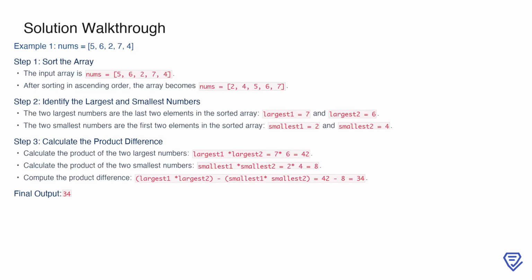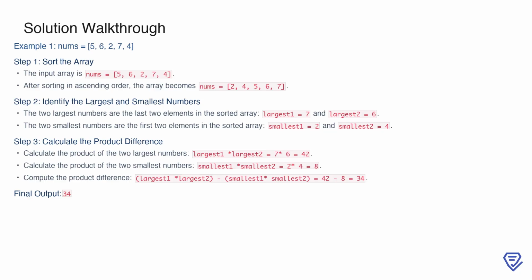Here, we're given the input array nums equals 5, 6, 2, 7, 4. The first step is to sort this array in ascending order, which gives us nums equals 2, 4, 5, 6, 7. Once sorted, we can easily identify the largest and smallest numbers. The two largest numbers are the last two elements of the sorted array, largest 1 equals 7 and largest 2 equals 6.